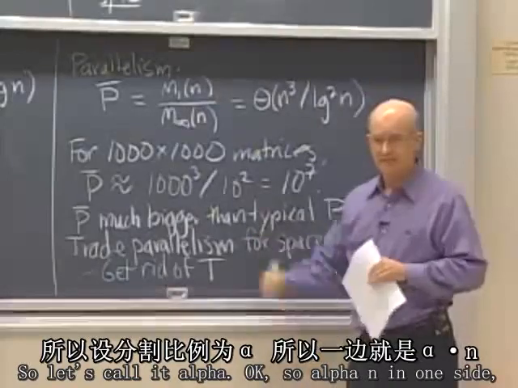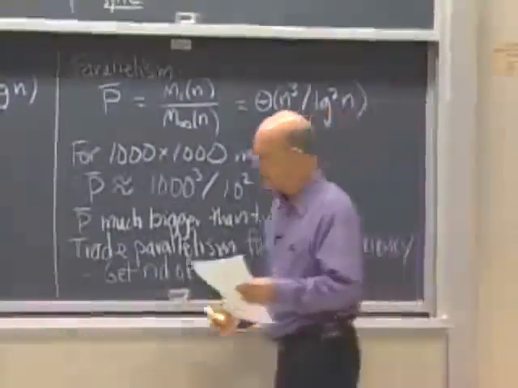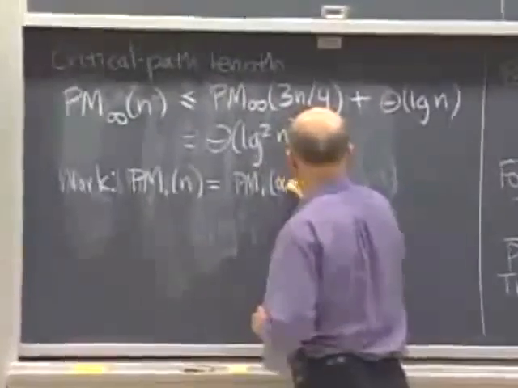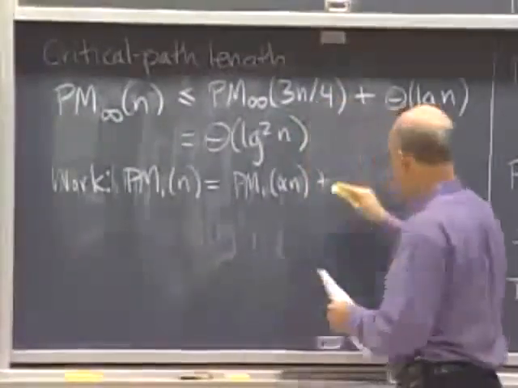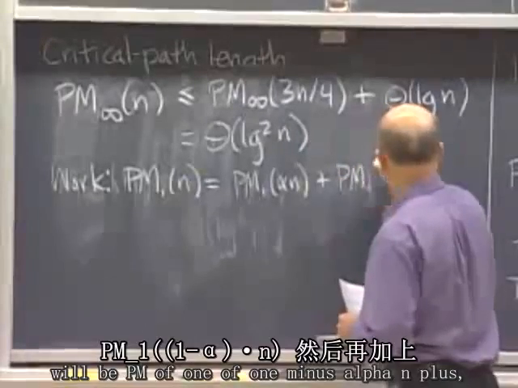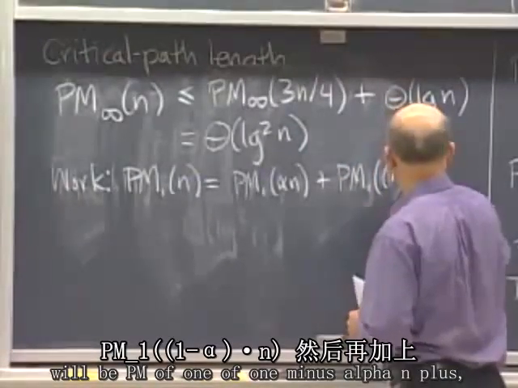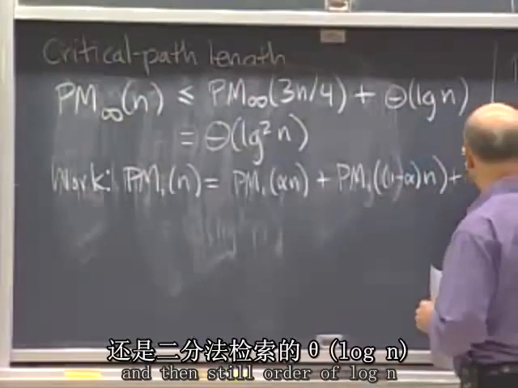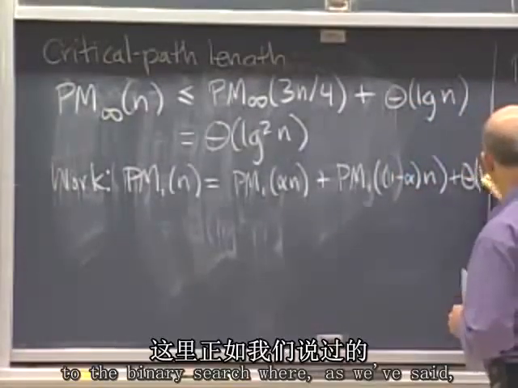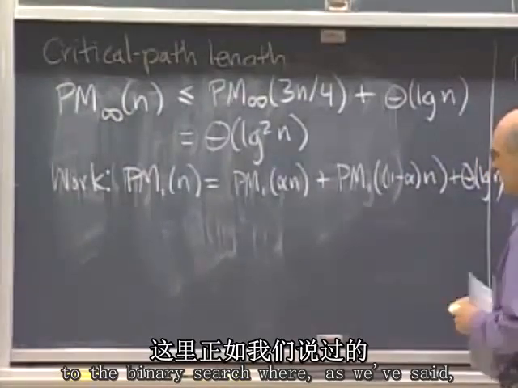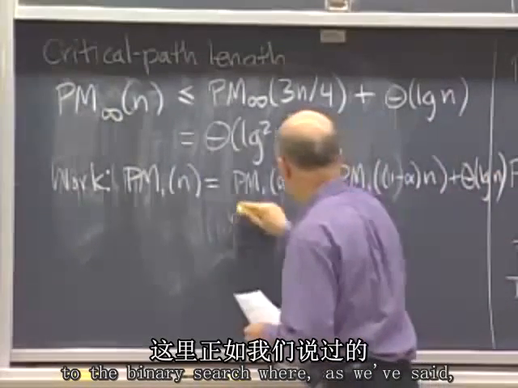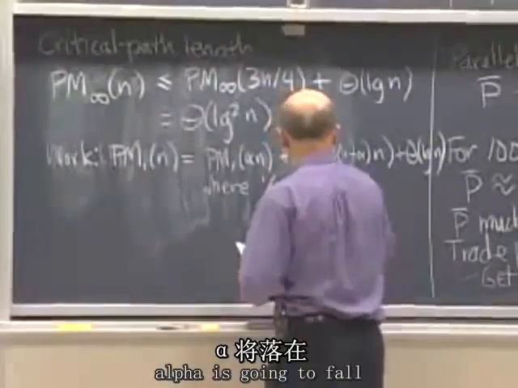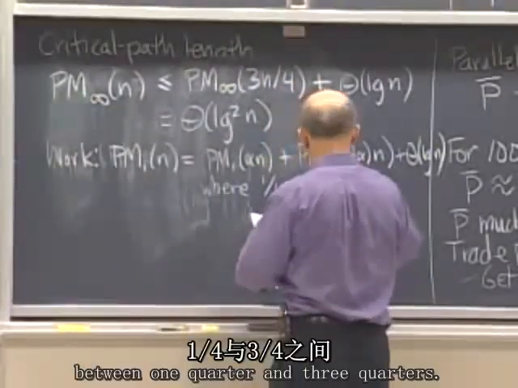So alpha n in one side, and then the work on the other side will be P sub m 1 of 1 minus alpha n, plus, and then still order log n for the binary search. Where, as we've said, alpha is going to fall between 1/4 and 3/4.